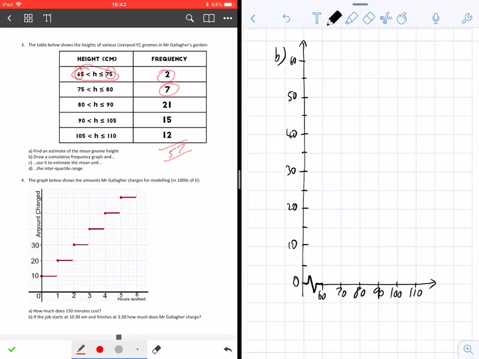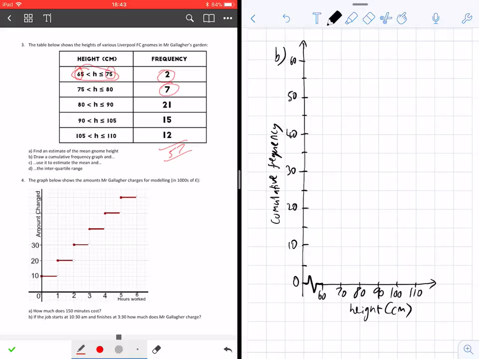We better label our axes, I think. So this is going to be cumulative frequency. This is going to be height in centimetres.